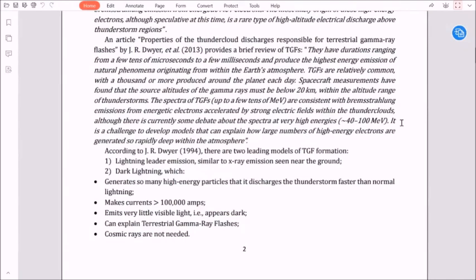It is a challenge to develop models that can explain how large numbers of high-energy electrons are generated so rapidly deep within the atmosphere.